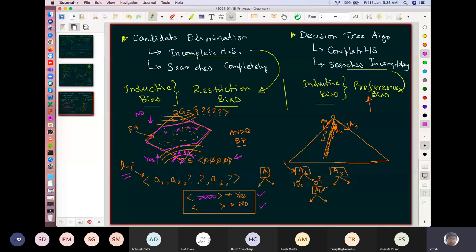So therefore, we call this your version space, where all attributes successfully characterize your training examples. That's how the candidate elimination algorithm works. So it eliminates candidates which are conflicting with your training examples.